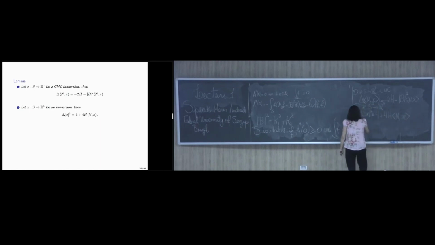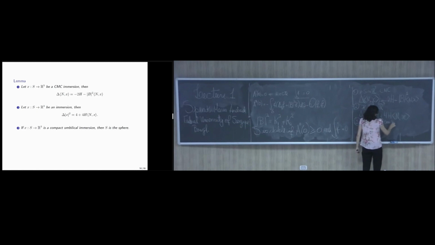And another important thing you use here: if you have a compact, umbilical surface in Euclidean space, remember what umbilical means? Umbilical means the principal curvatures are equal. Then the surface is a round sphere.